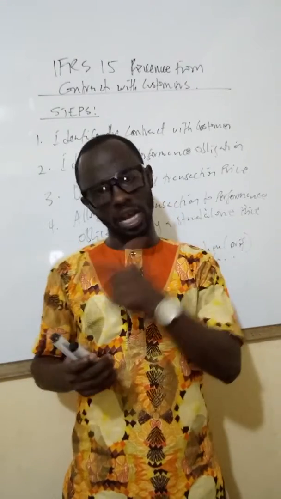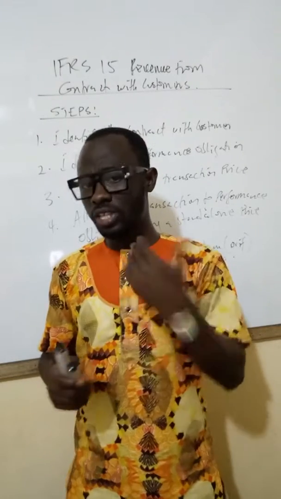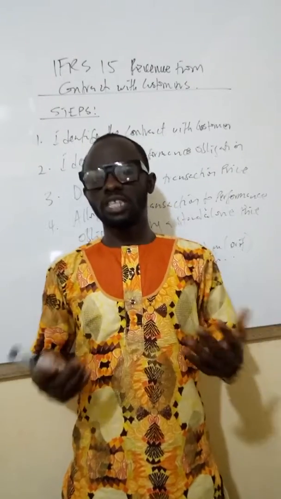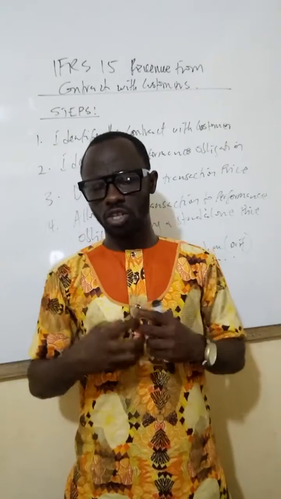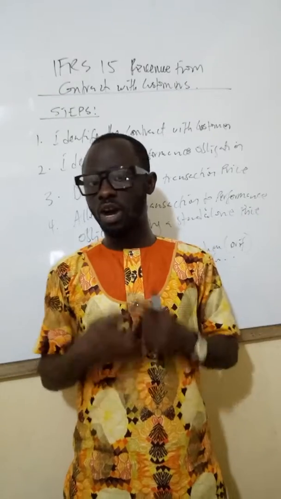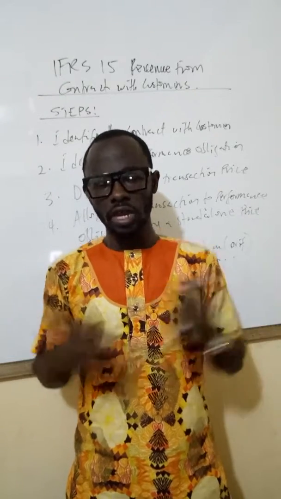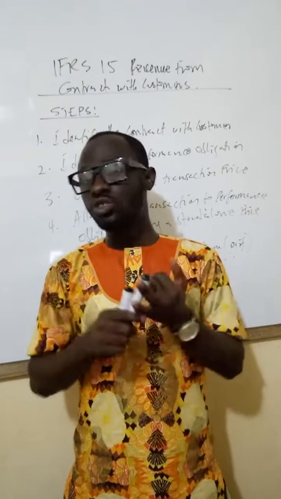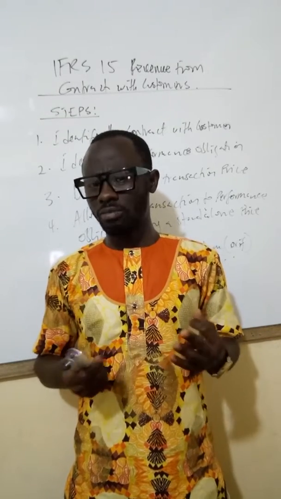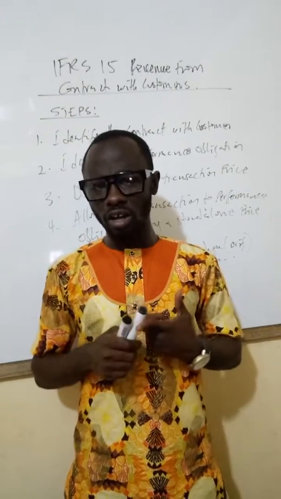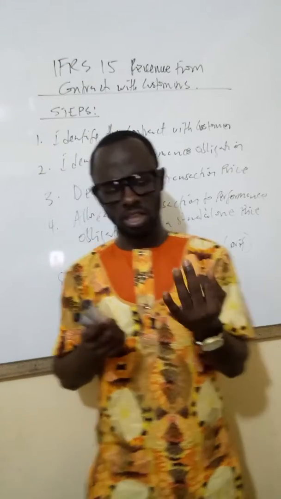So for instance, back to my illustration, if you come to me that I should teach you, the question that I'm going to be asking myself is, what really are the things that I'm going to be doing during the 2-month period that you are approaching me to teach you? All right, maybe I have to teach you, I need to give you books, I need to help you in your registration, and let's just stay with that 3.